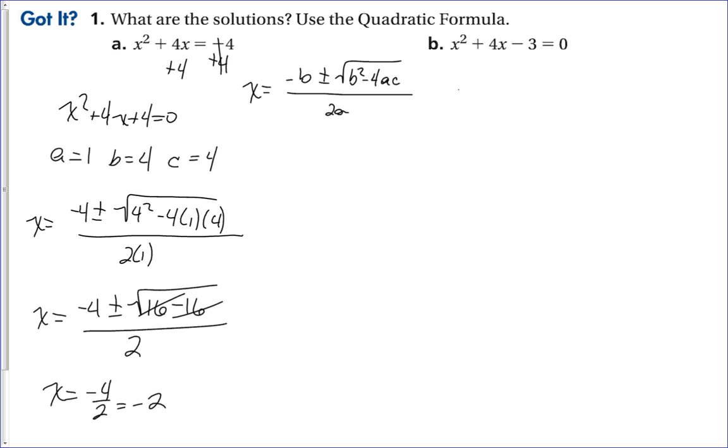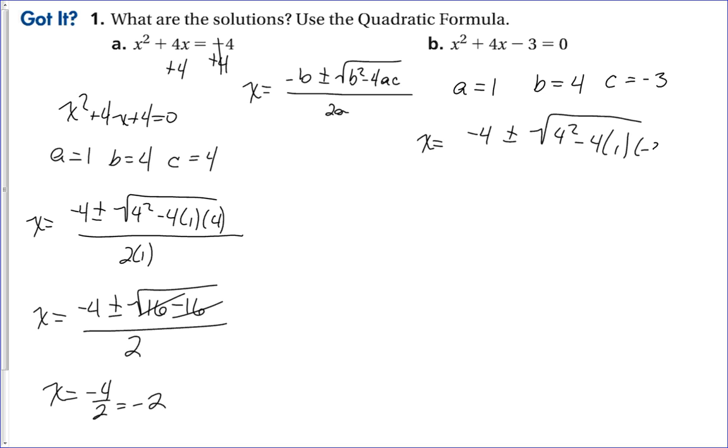Now the second one here, we have a equals 1, b equals 4, and c equals negative 3. Don't forget to bring the negative down when you bring the 3 down. So x equals negative 4 plus or minus the square root of 4 squared minus 4 times a times c, all divided by 2a.